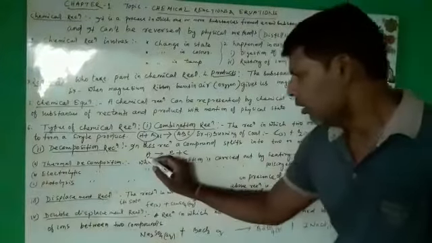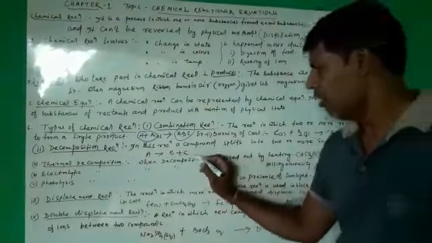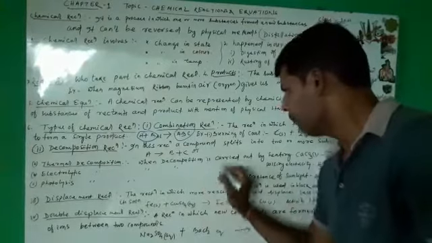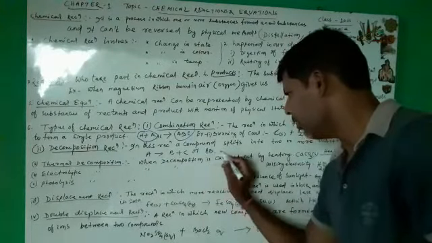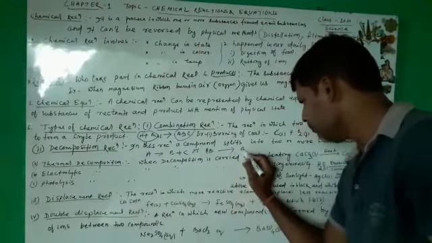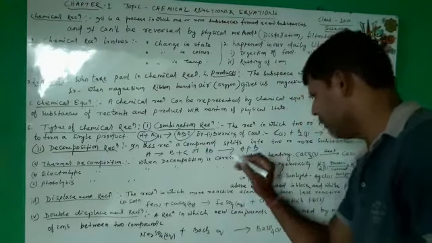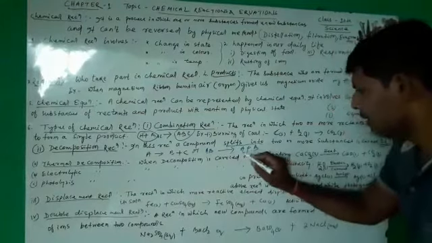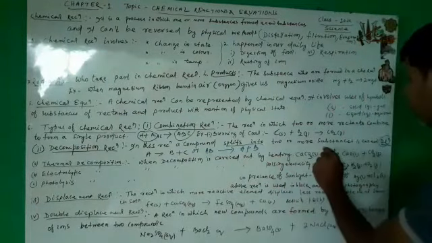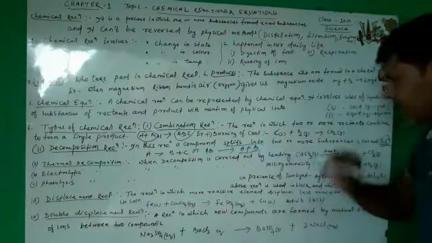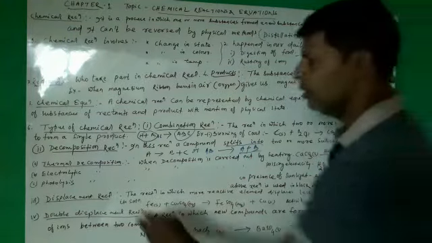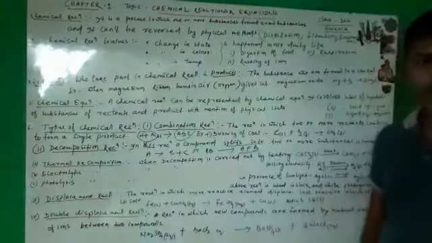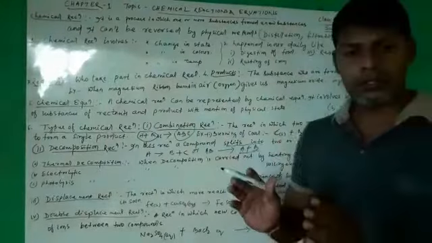So A gives us B plus C, or you can write AB gives us A plus B. Splits into means A plus B, two or more substances.